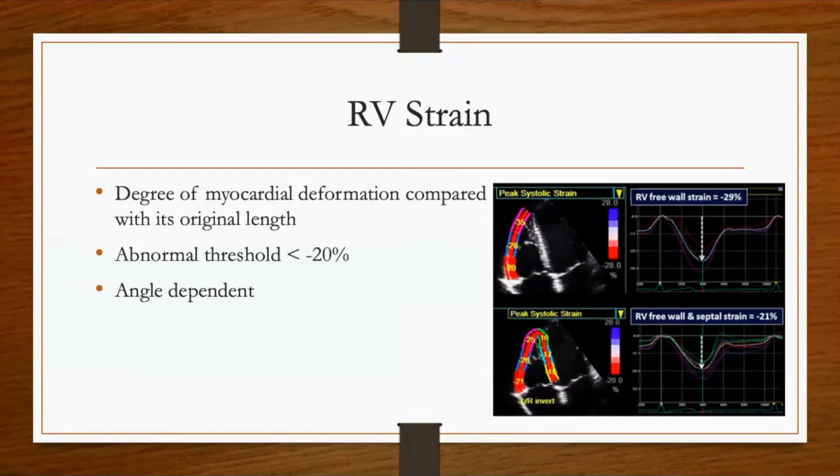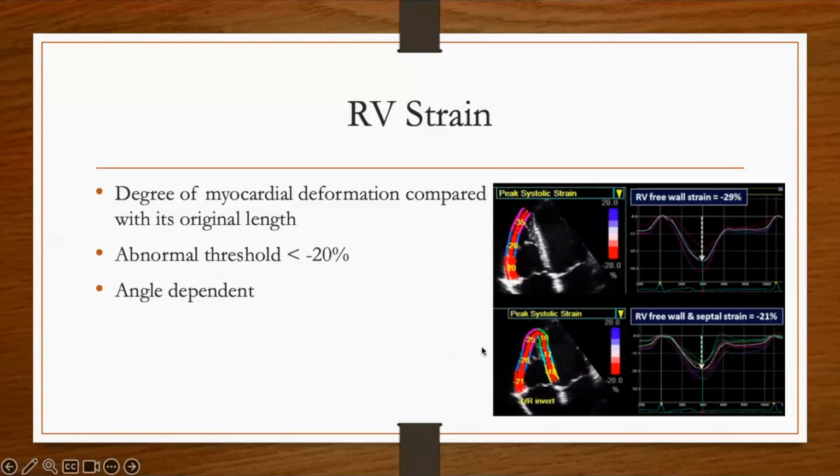But you can look at the degree of myocardial deformation compared with the original length, and again, it is dependent on the angle of the probe, and it is dependent on seeing a good outline of the myocardium for the software to be able to track it. There is an abnormal threshold of less than 20% mentioned.